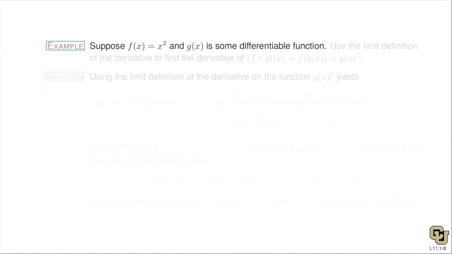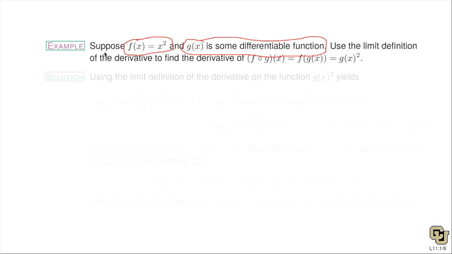So in this example, what we want to do is find the derivative of a composition. I'm going to take f of x equal to x squared specifically, and then some function g of x that's differentiable. When I say it's differentiable, what I mean is its derivative exists for all values of x.